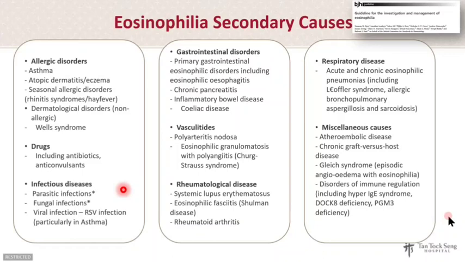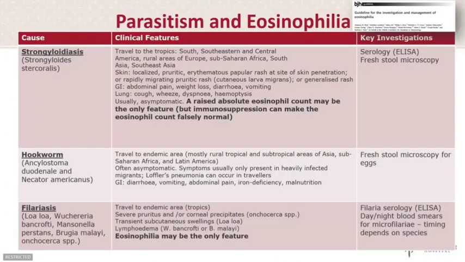Infectious diseases, especially parasitic or fungal infections, and other systems such as GI disorders and rheumatological disorders as well. Respiratory diseases can cause eosinophilia. Not common, but atheroembolic disease can also cause eosinophilia.